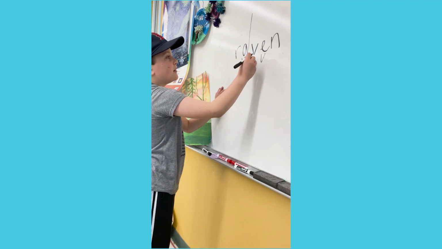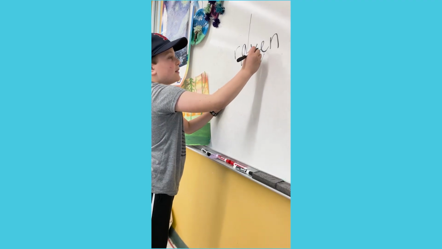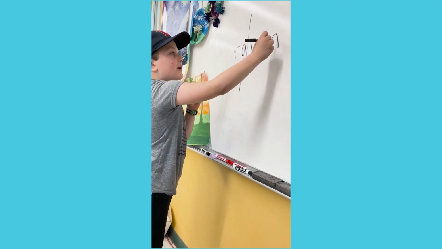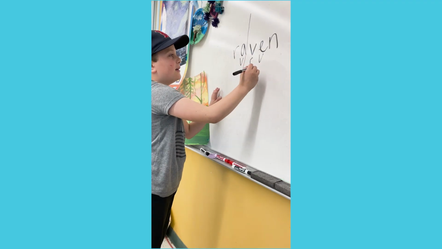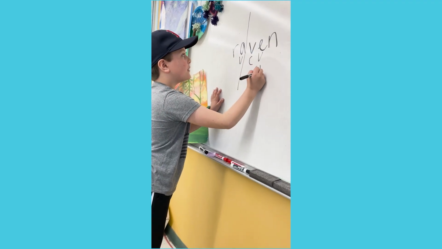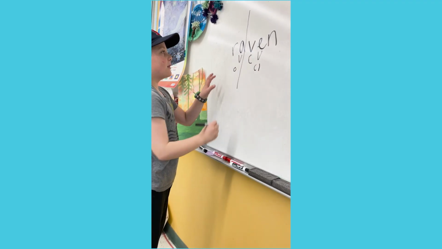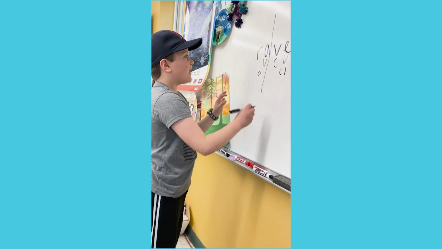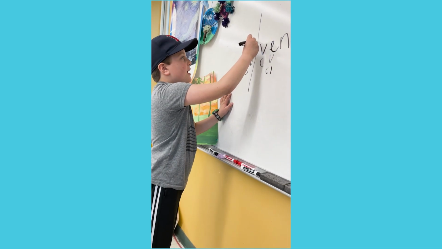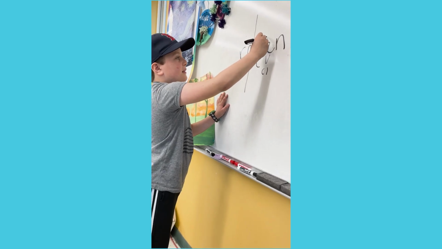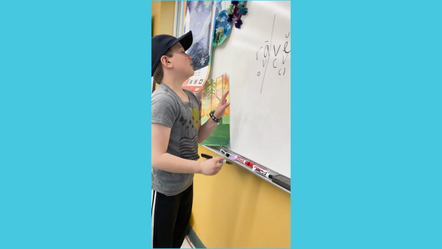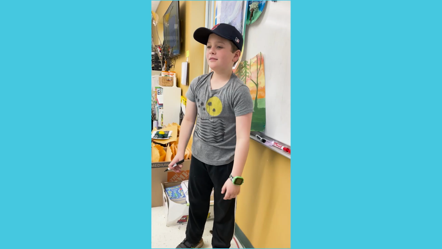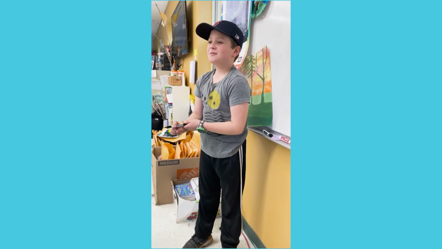And then this E is closed in by the N, so it's closed, and this is open because there's nothing blocking the A, so A says A, and then E says eh, and the word is raven. Round of applause.